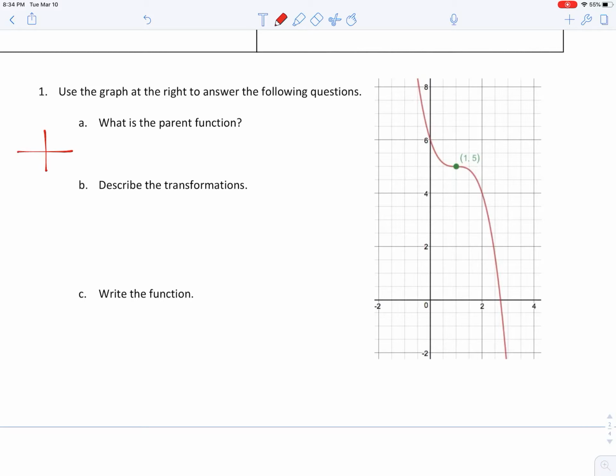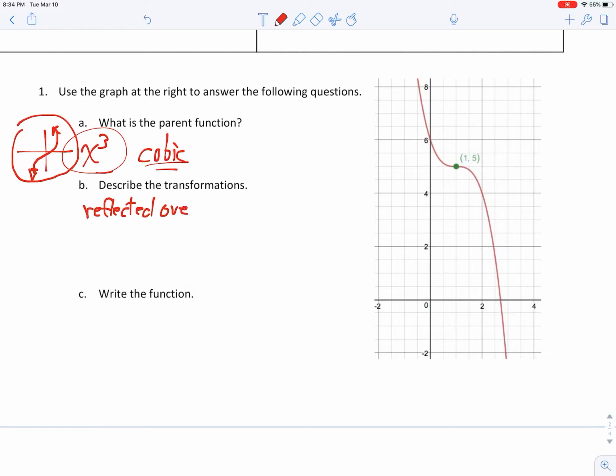This one has this kind of a pattern that started by being a cubic. But what's happened to it? Since it looks originally like this, going from bottom left to top right, it looks like it has been reflected over the x-axis. It could actually be the y-axis too. Either way, we'll do both of them.